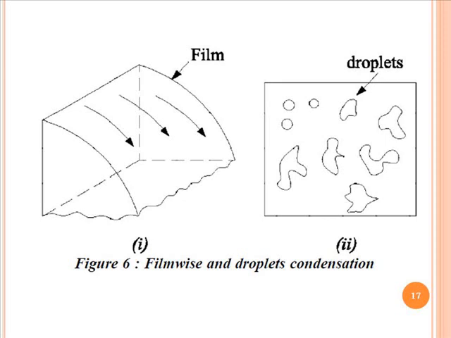The film forms and slowly moves in the downward direction, increasing progressively because of the condensed vapor.